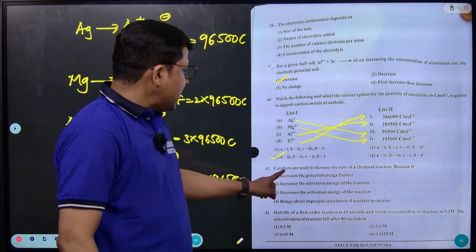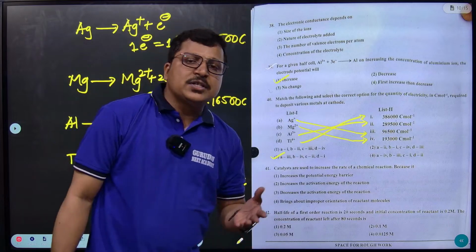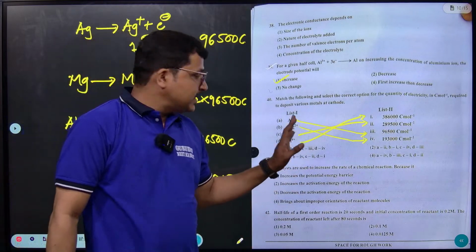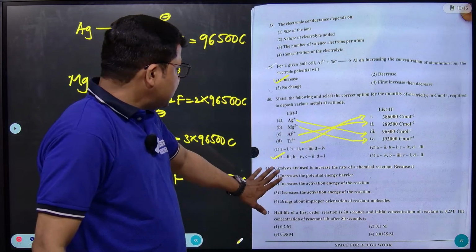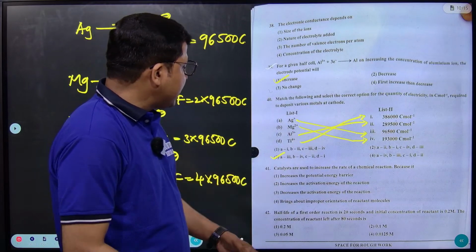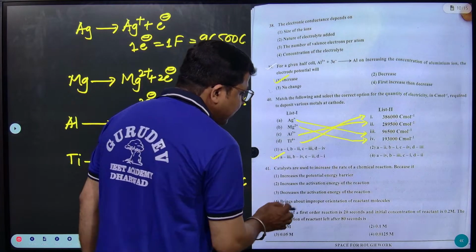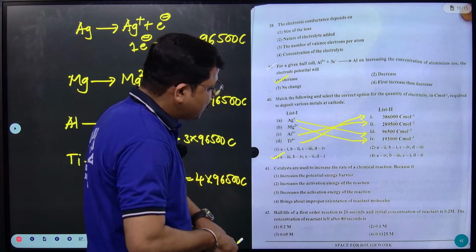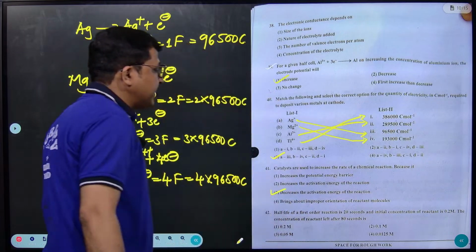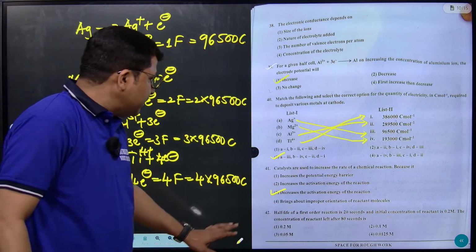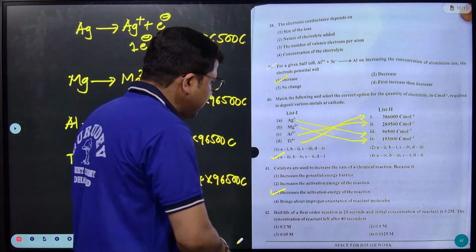Now, catalysts are used to increase the rate of chemical reaction, because see here, the function of a catalyst is a substance which promotes the rate of reaction. While increasing the rate of reaction there is no function of the activation energy, hence activation energy will decrease according to the function of the catalyst in the reaction.